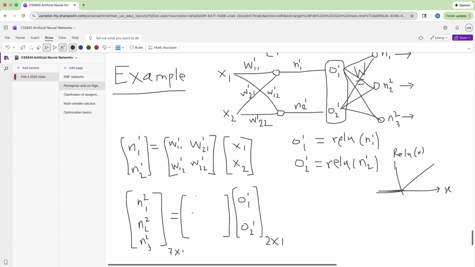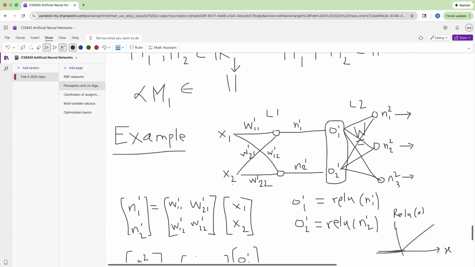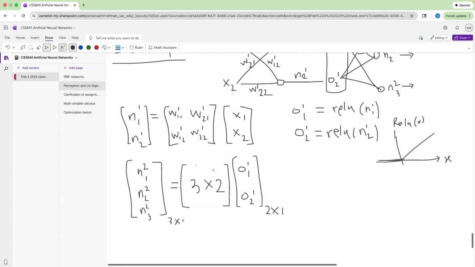So this would be a 3 by 2 matrix, because you can see here that you actually have two connections for N1, two for N2, and two for N3, right? And those would be the different columns that you need for this computation.